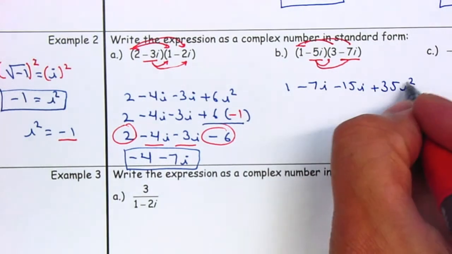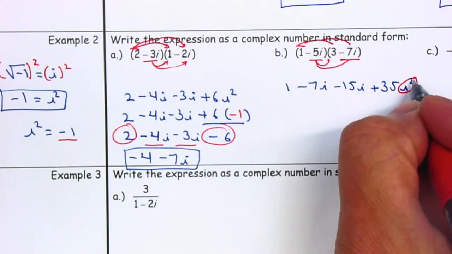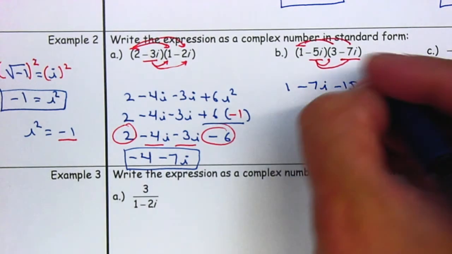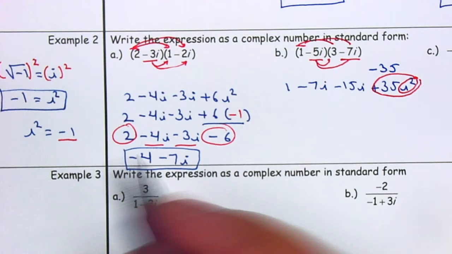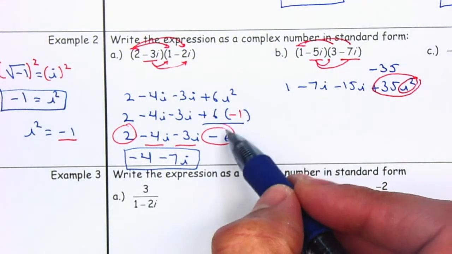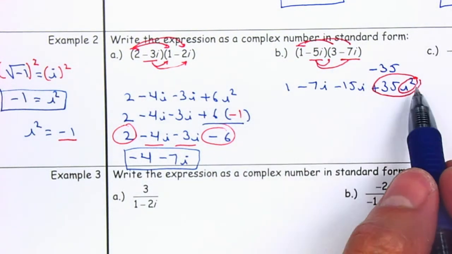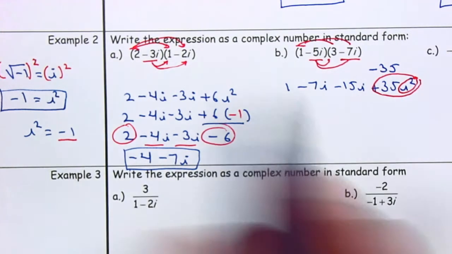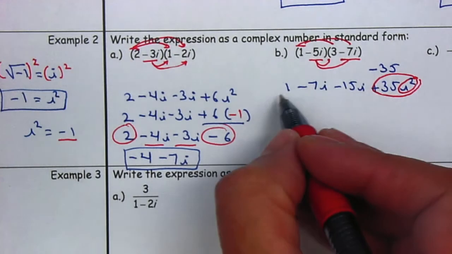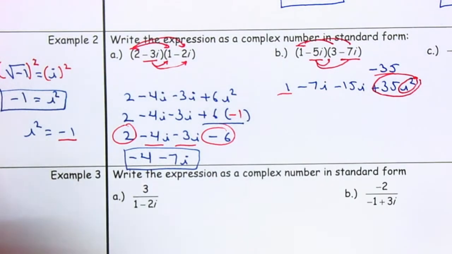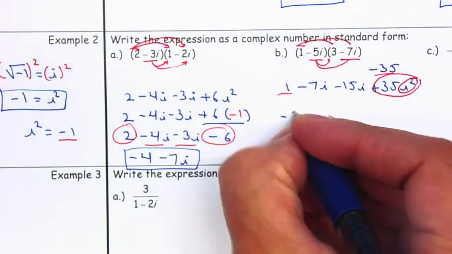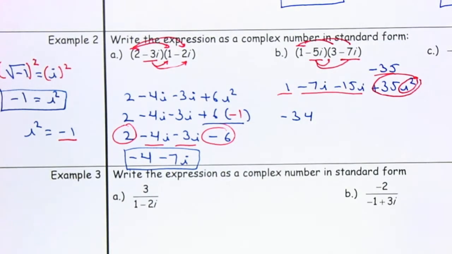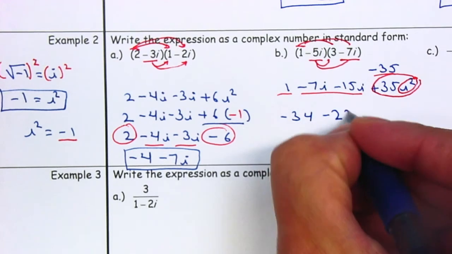Now, I know that i squared is negative 1, so negative 1 times positive 35 will give me negative 35. Notice I just did both steps at the same time. From here I can combine my like terms. So 1 minus 35 will give me negative 34, and combining the imaginary terms will give me negative 22i.